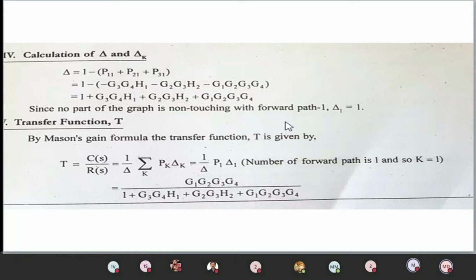But in a signal flow graph, the concept is rather simple. We determined only the forward paths, then we found the individual loops, and we saw whether there are any non-touching loops or not, and then we applied Mason's gain formula, which is nothing but 1 by del summation of k of p k del k. Okay, so that summation calculation is based on the number of forward paths available, right?